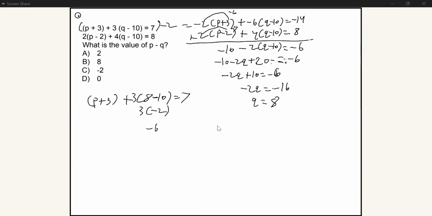So we'll get -6. We'll get p plus 3 minus 6 equals 7. 3 minus 6 is -3. So we get p minus 3 equals 7. P equals 10. 10 minus 8. So p minus q equals 2.